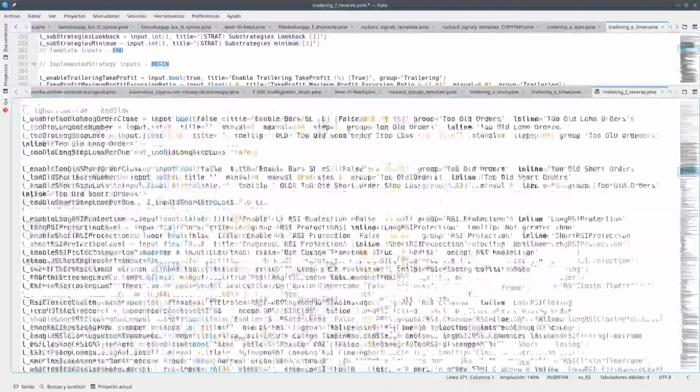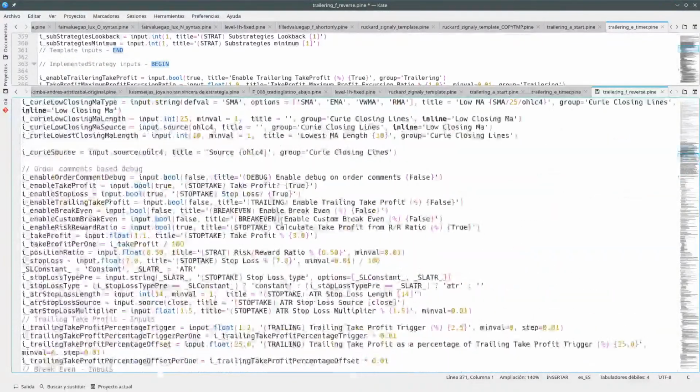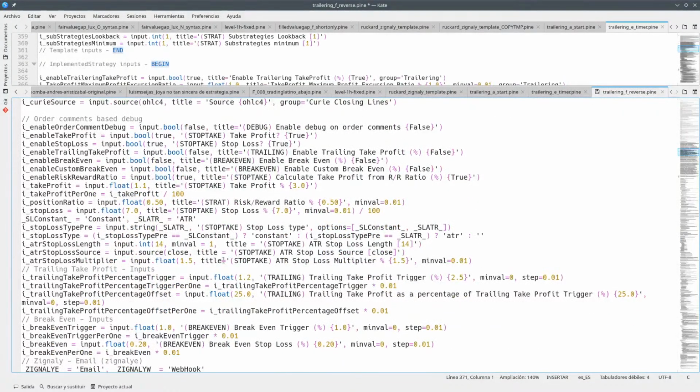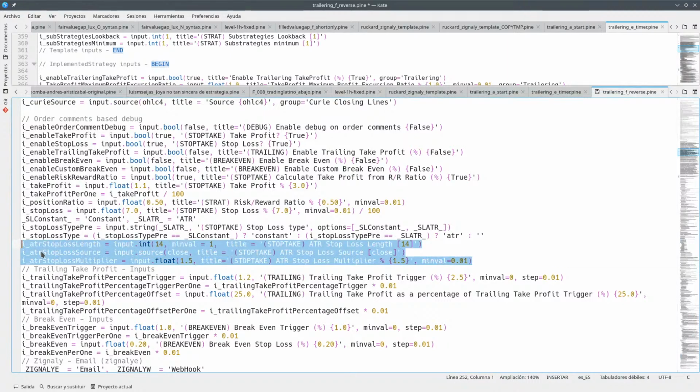So here we have this ratio, which is stop loss based on ATR. Okay, so we need this, but we need this for take profit so that it matches whatever you want to have.